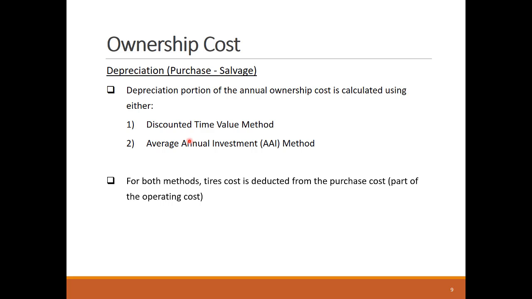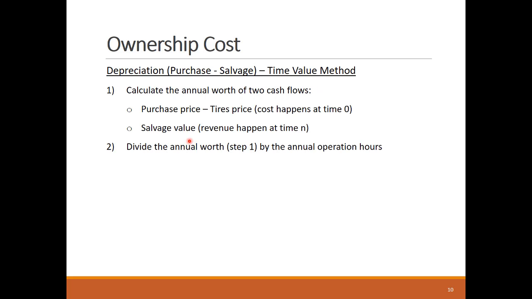For both methods, the cost of tires is deducted from the purchase expense, as heavy equipment tires are really expensive, but they are still considered an operational expense. The first method utilizes the economic discounting method we learned from the previous lesson and from the engineering economics courses to be able to deduct the purchase and salvage cash flows that happen at two different times.